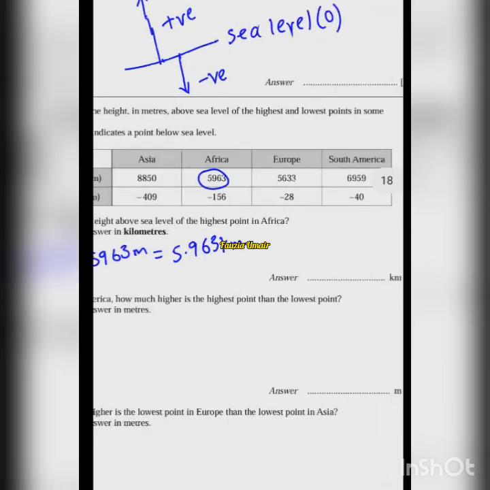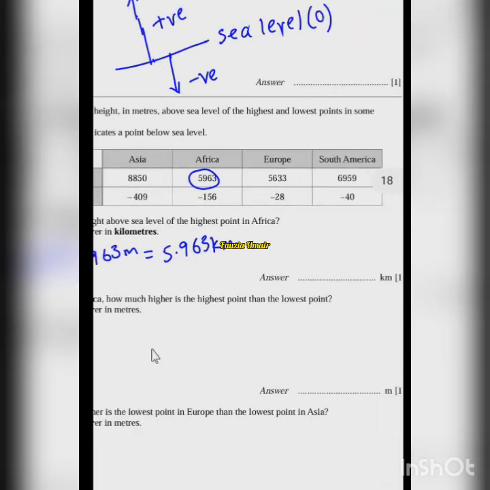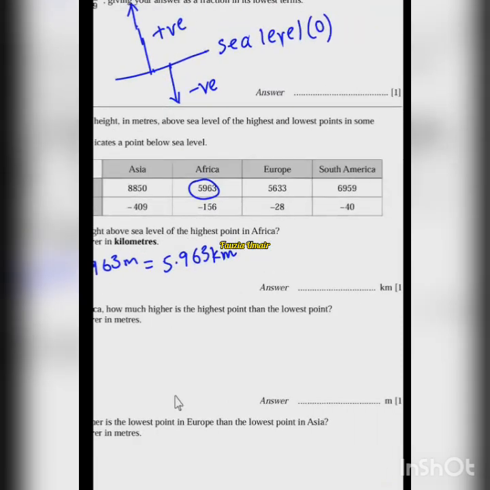In South America the highest point is 6,959 and the lowest point is 40. So we use the difference formula. The answer is 6,919 meters. The points are this many meters apart. Okay, this many meters. Yes.